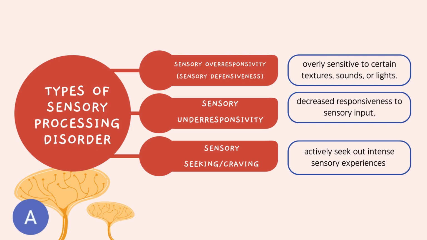All right, the second one is sensory under-responsivity. Sensory under-responsivity involves decreased responsiveness to sensory input, prompting individuals to seek more intense stimulation to feel and respond to their environment. And lastly, we have sensory seeking and craving. Individuals actively seek out intense sensory experiences, often engaging in repetitive behavior to fulfill their sensory needs.